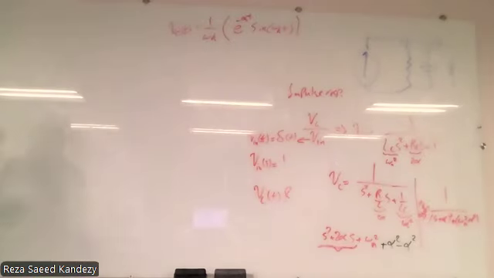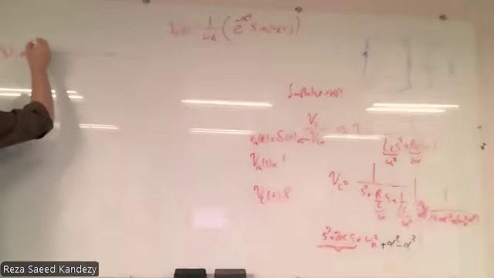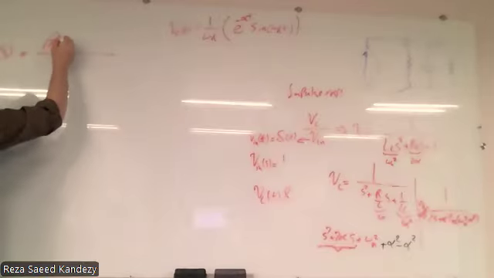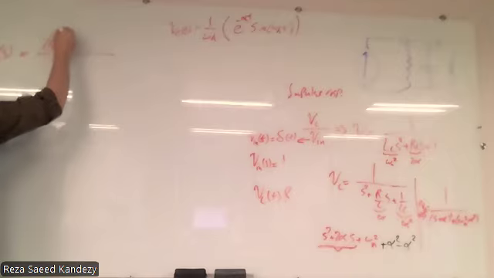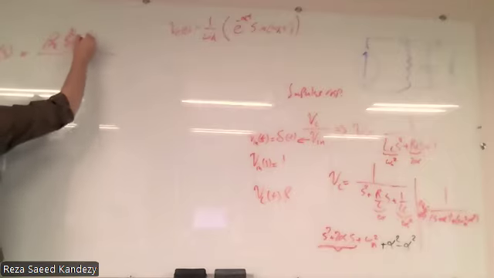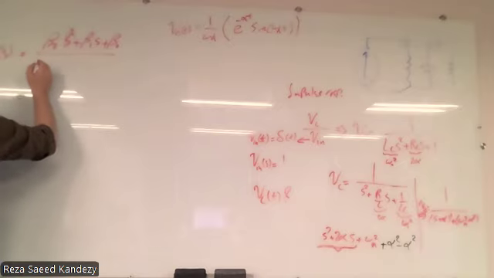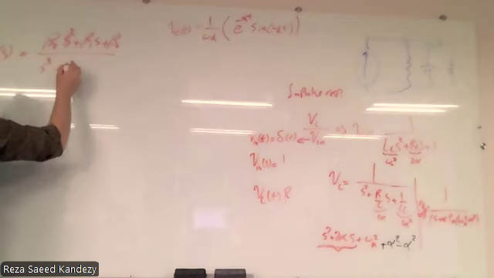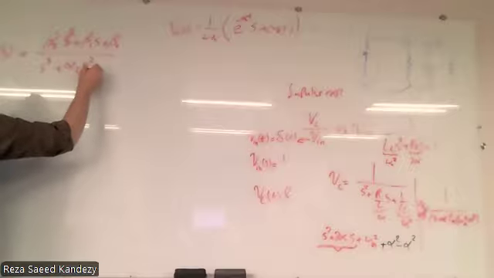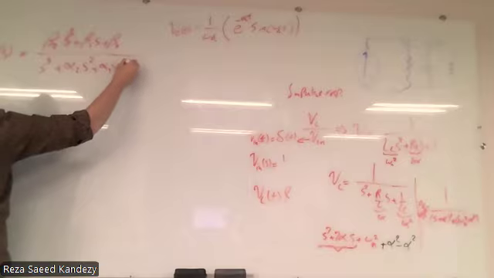Let's say that we have a transfer function G of s, with a second order numerator: beta 2 s squared plus beta 1 s plus beta 0, over s cubed plus alpha 2 s squared plus alpha 1 s plus alpha 0.